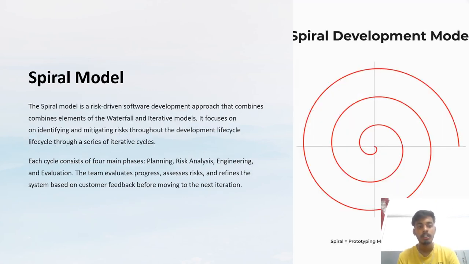The spiral model is a risk-driven software model approach that combines elements of waterfall and iterative models, where each cycle consists of four main phases: planning, risk analysis or risk management, engineering, and evaluation. A team evaluates progress, analyzes the risks, and refines the system based on customer feedback before moving into the next iteration.